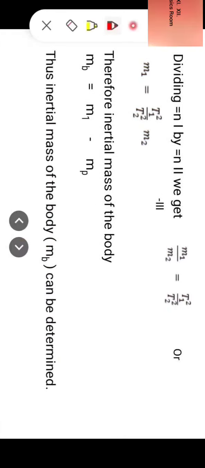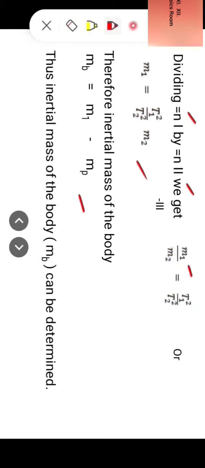Now, dividing equation 1 by equation 2, we get m1 by m2 equal to T1 square by T2 square, or m1 equals T1 square by T2 square into m2. Therefore, the inertial mass of the body mb will be equal to m1 minus mp.